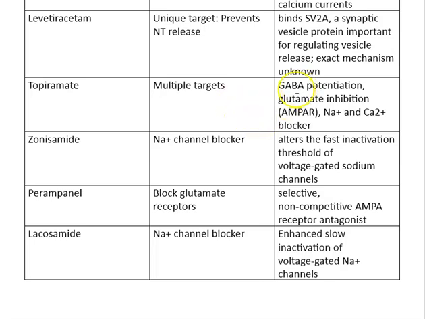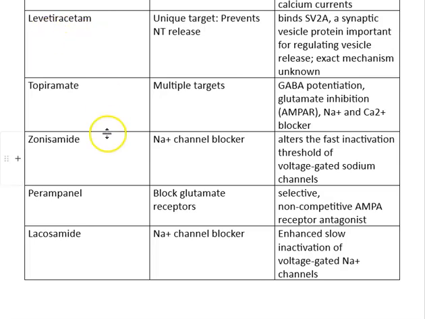For topiramate, it's going to have increased GABA activity. For glutamate inhibition in this one, instead of affecting NMDA receptors, we are inhibiting AMPA receptors. And then it can block sodium and calcium channels. So again, you've got all four things: sodium channels, calcium channels, increased GABA activity, decreased glutamate activity.